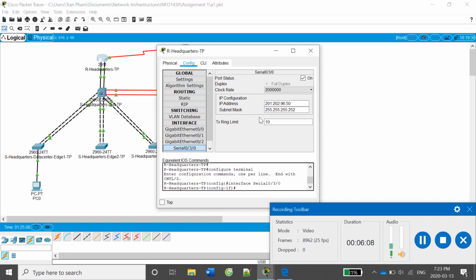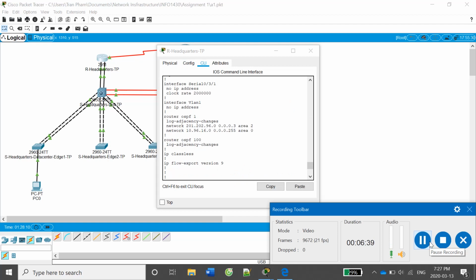So I have to pick one in between, and because 49 is already assigned to the ISP router, I pick 50 for the headquarters router. The subnet mask is /30 because of the network provided, so the last octet is 252.